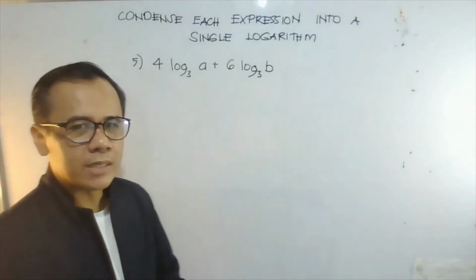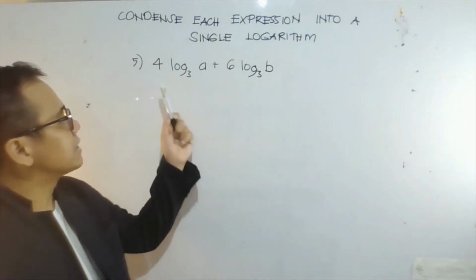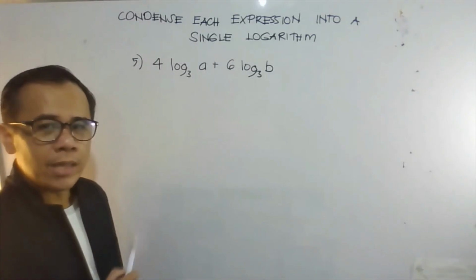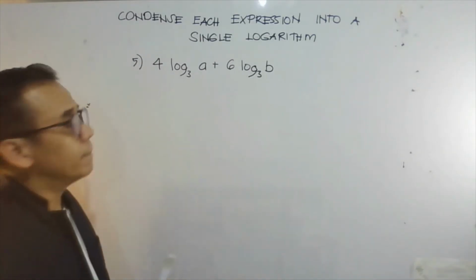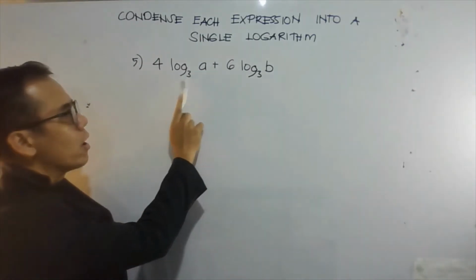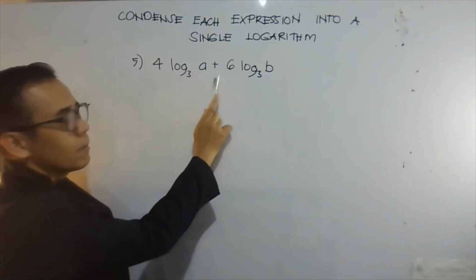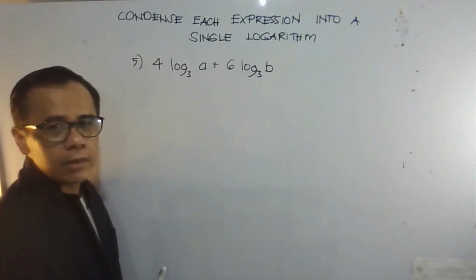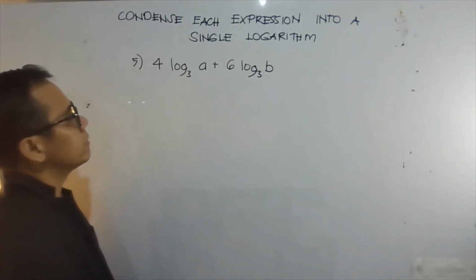For our fifth example, we have this expression here, wherein we are asked again to condense it into a single logarithm. We have 4 log a base 3 plus 6 log b base 3. So what are we going to do here?